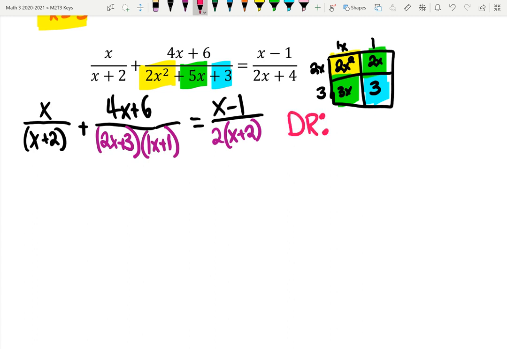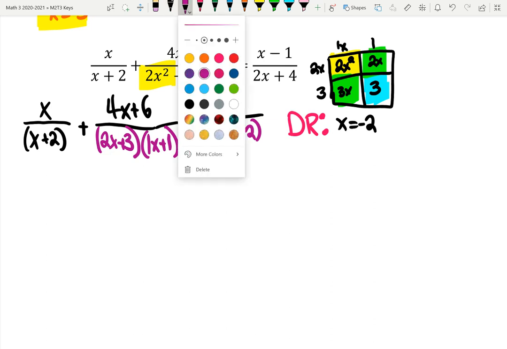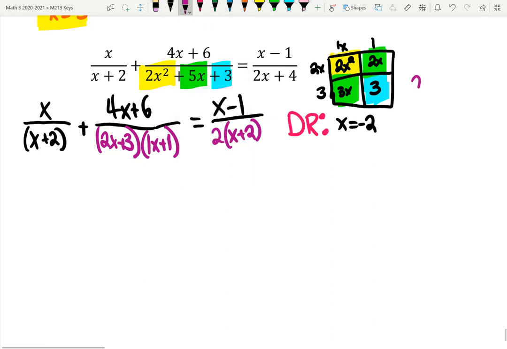Time to go ahead and identify my domain restrictions. When are the denominators going to be 0? In this first one, x cannot be negative 2. In this second guy, you might be like, oh, 2x plus 3, I don't know when that's going to be 0. Well, set it equal to 0 as an equation. When is this going to cause it to be 0?